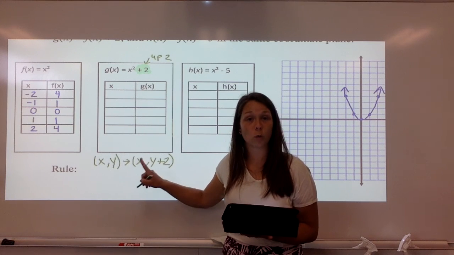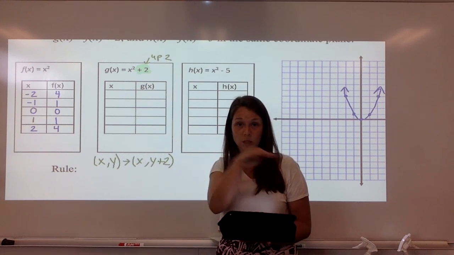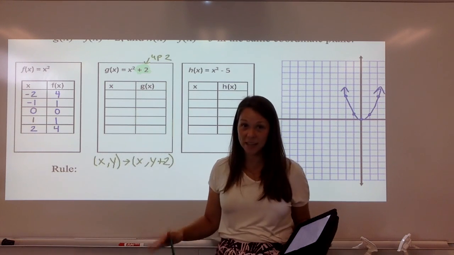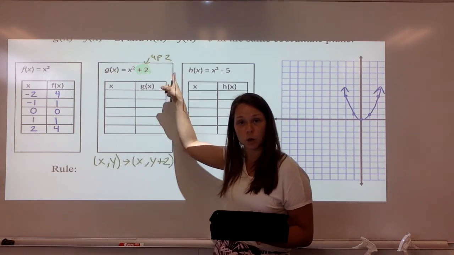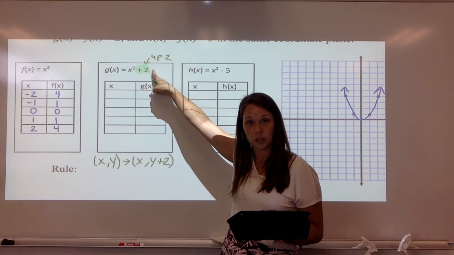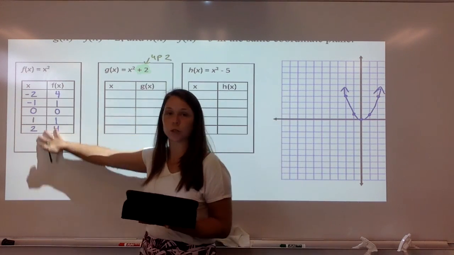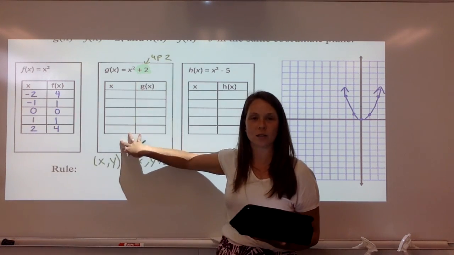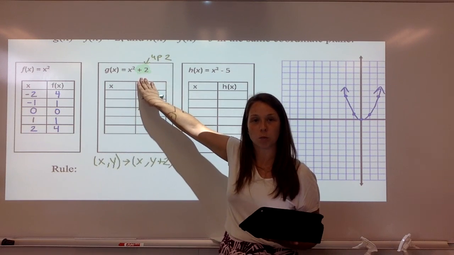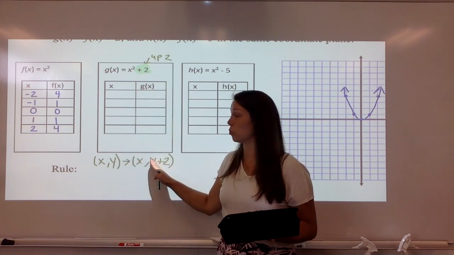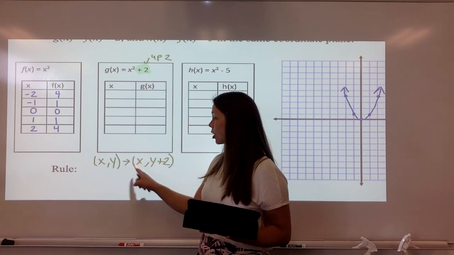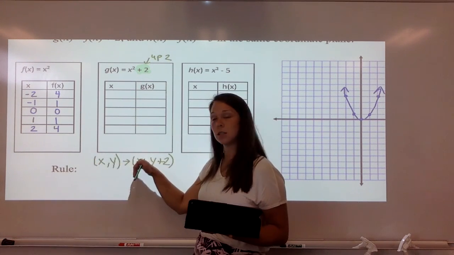Because this is vertical, the x value, which is the horizontal axis, is not being affected. It's the y values that are being affected by this plus 2. That's what's going to move everything up 2 units. So when I'm looking at this original parent table and how I can create this new table for x squared plus 2, I can apply this rule because all of the x's are going to stay the same from the parent to the new.